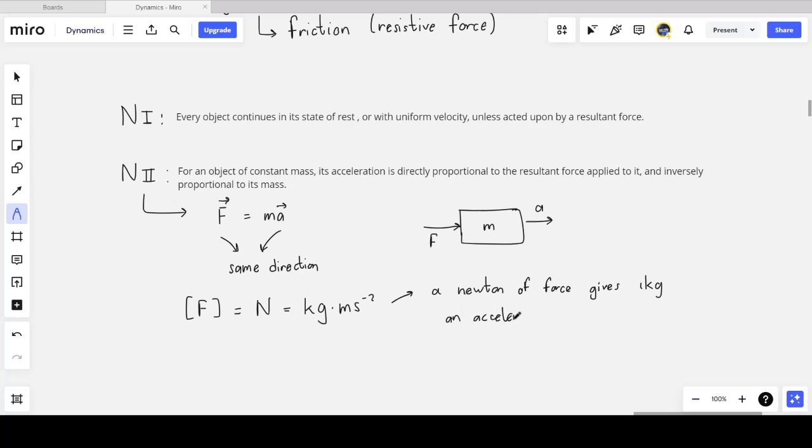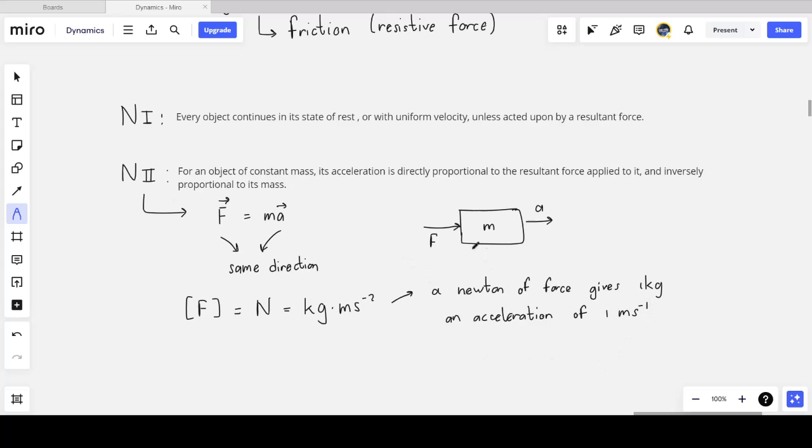That's what 1 Newton of force basically means. So if you want to picture it, picture a 1 kilogram box. I push with a force of 1 Newton. It accelerates at 1 meter per second squared. That's what a Newton of force is.